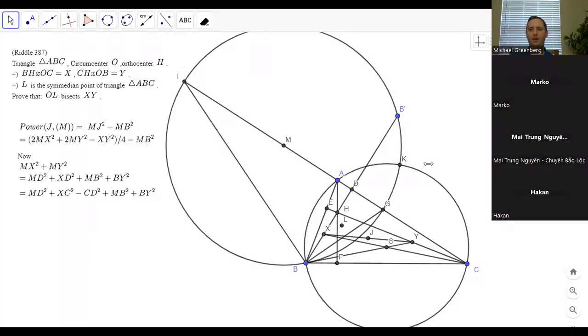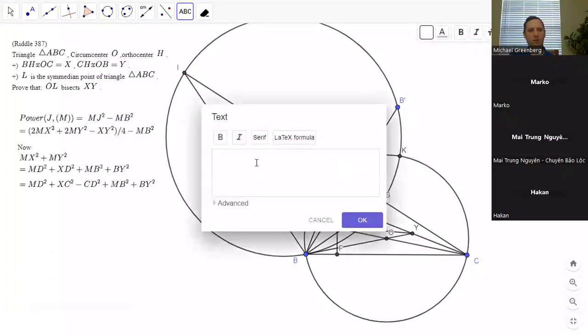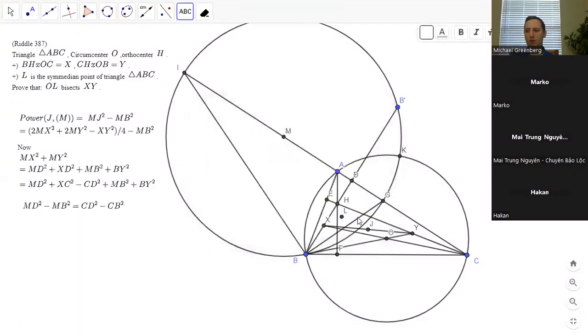I see what you're saying. So if we substitute that, then the MB squared would go away.